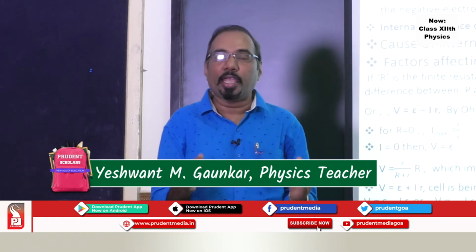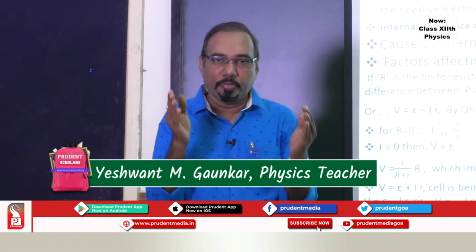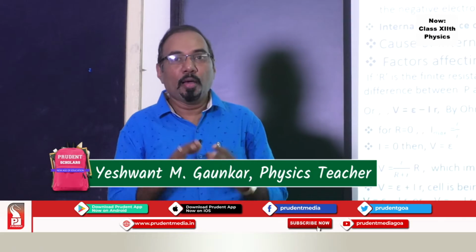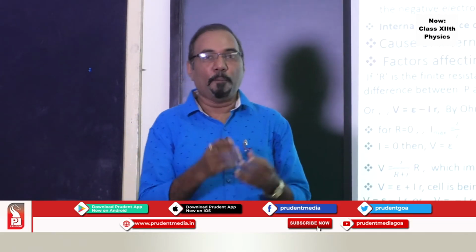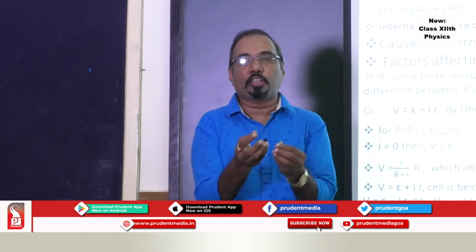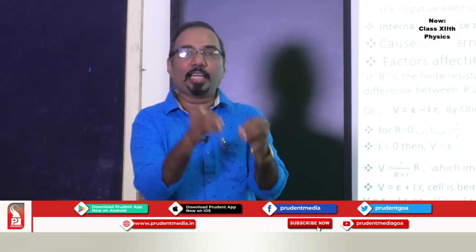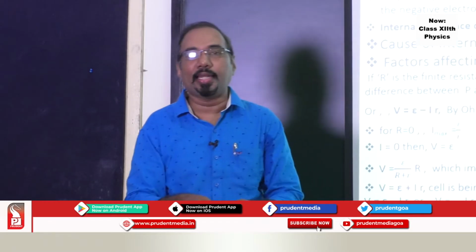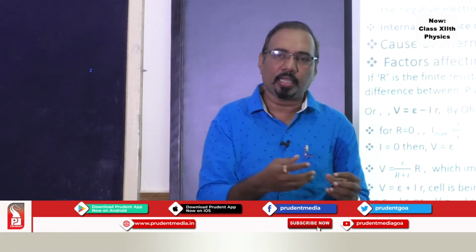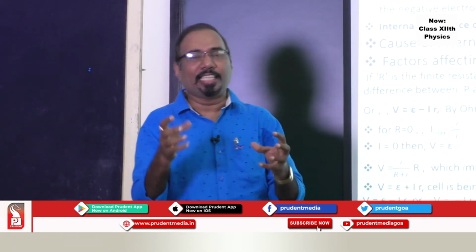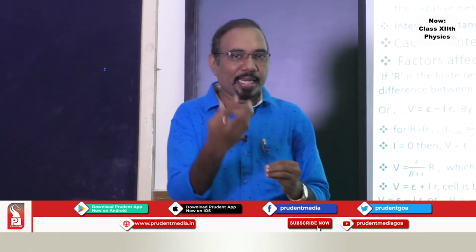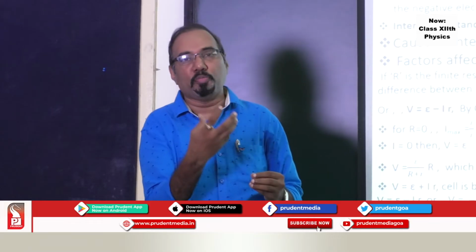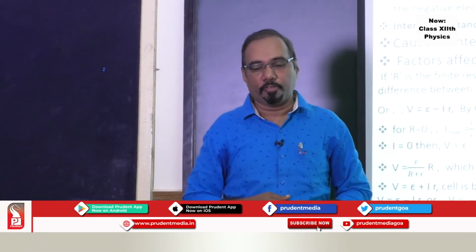It is by applying a potential difference. Potential difference is provided by a battery. So a battery is nothing but an electrolyte having electrodes inserted in it, and chemical energy is converted into electrical energy. How exactly that happens, that electrochemistry you study in the chemistry part. But what exactly we have to measure in this case, that we learn in physics.